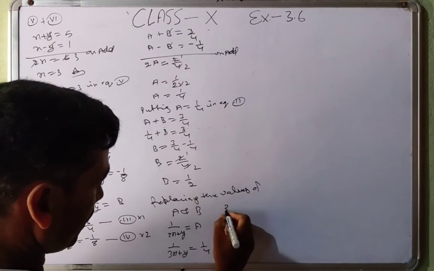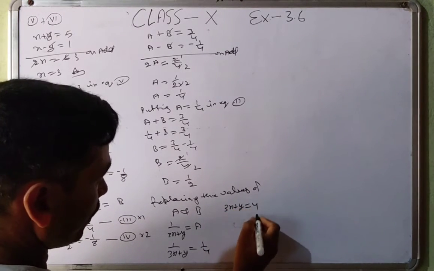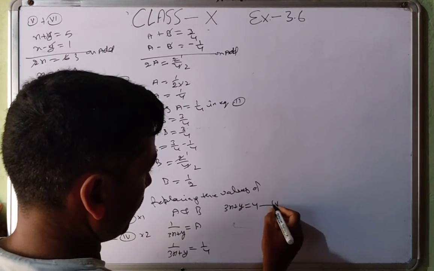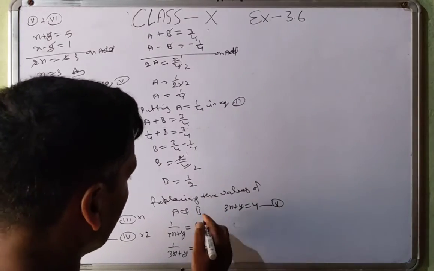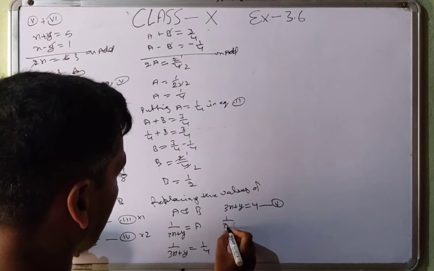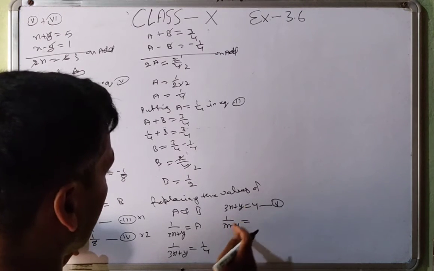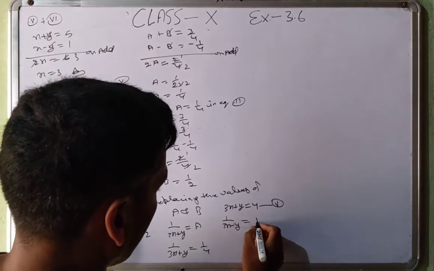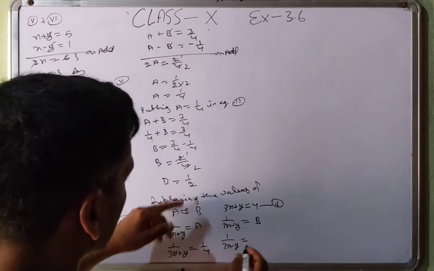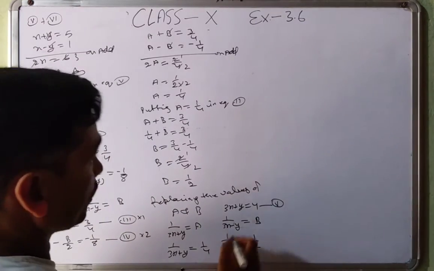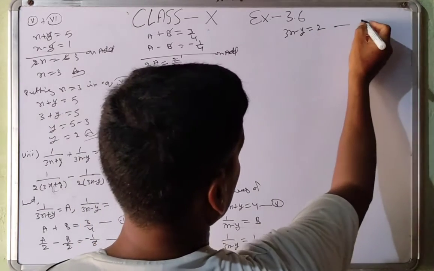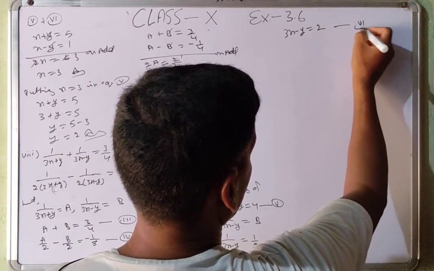By cross multiply, 3x plus y is equal to 4. This is the fifth equation. And then for b, 1 upon 3x minus y is equal to b, and the value of b is 1 upon 2. By cross multiply, 3x minus y is equal to 2. This is the sixth equation.